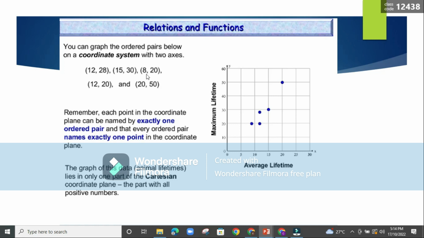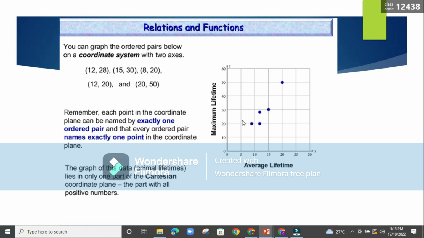We have 20. Let's plot the point. 8 is somewhere here along the x-axis, and 20 is here. So this point represents the ordered pair 8, 20.